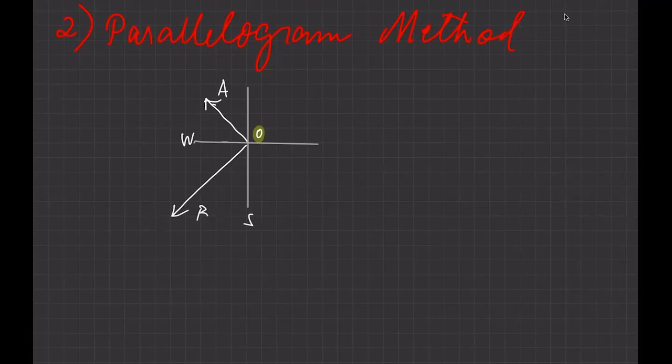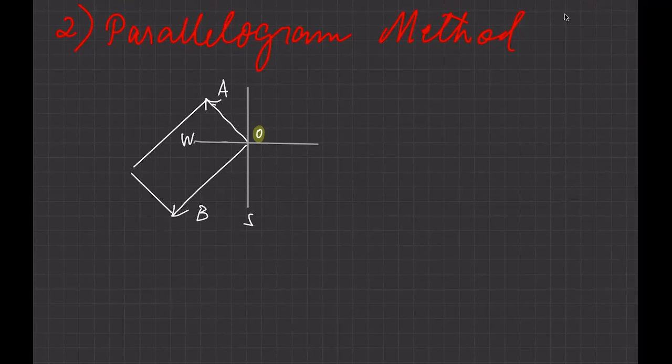Okay, now how are we going to determine the resultant? The resultant is, again, you're going to draw a parallelogram. Draw a line parallel to vector B and parallel to vector A. That's the first step.